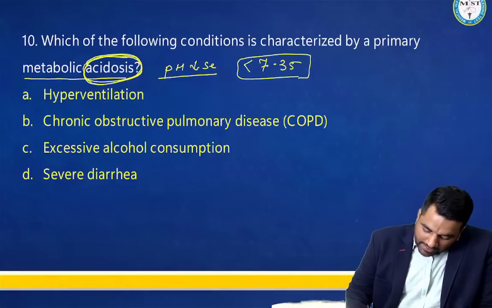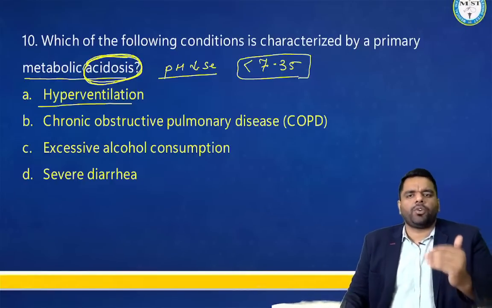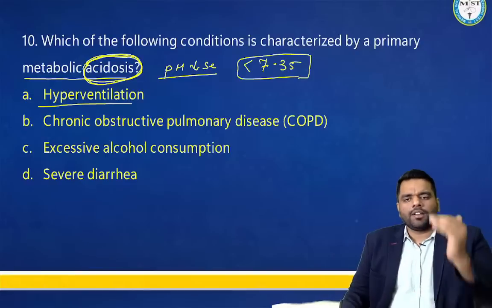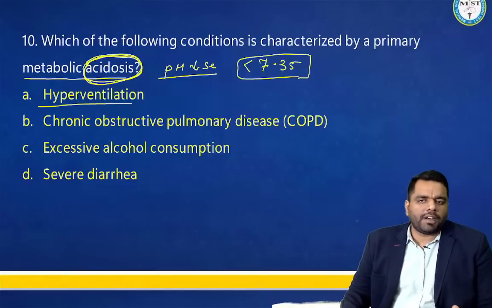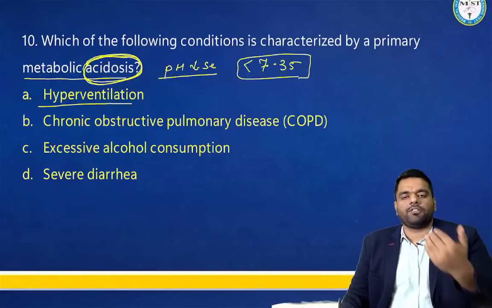Number 1, hyperventilation: what will happen in hyperventilation? When you go to a higher altitude, there is low barometric or atmospheric pressure, leading to decreased partial pressure of oxygen, hence no oxygen will move inside.